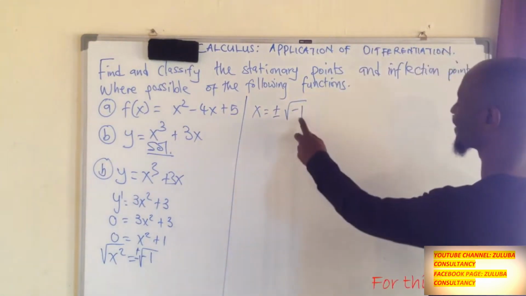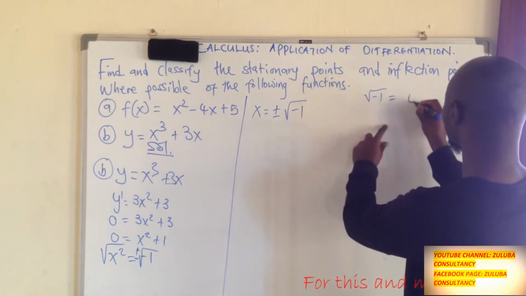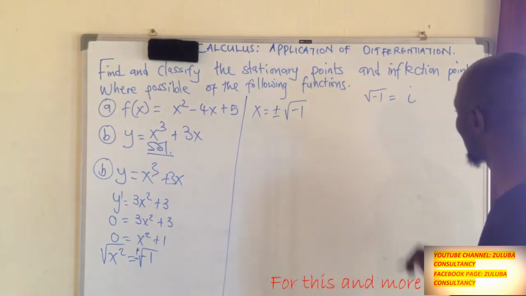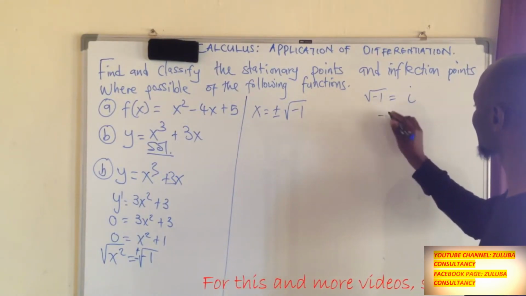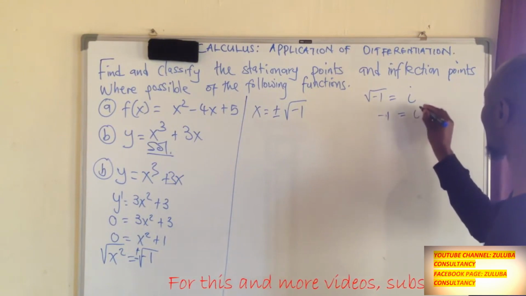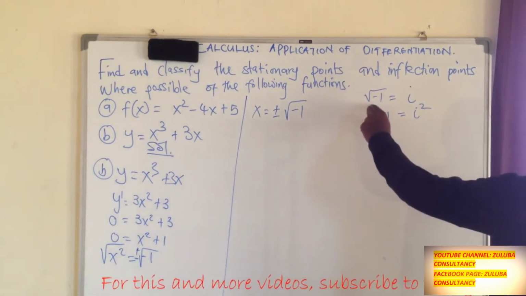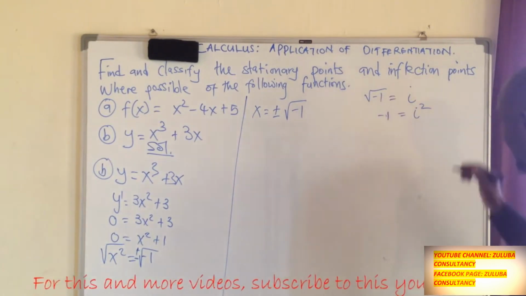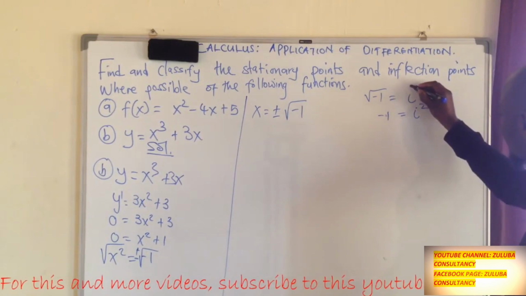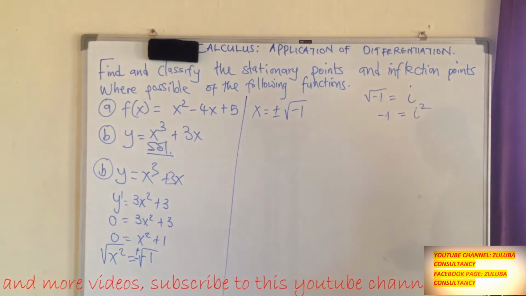Now square root of negative 1 is an imaginary unit i. If I square, I can see negative 1 is equal to i squared. Okay? In the real system, there is no square root of negative 1, so we imagine there is such a number and we call it an imaginary unit i.